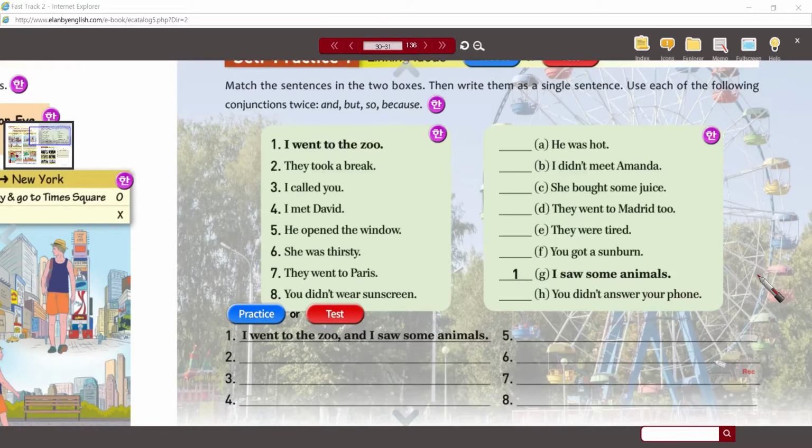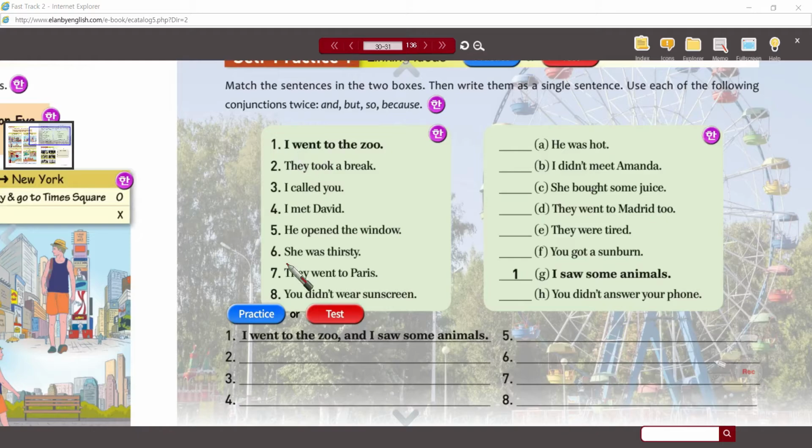All right, so this is page 31 at the top. We're going to do this matching activity. Before, as we saw on page 29, we were showing how to join two sentences. What you're going to do is match these different sentences with each other.